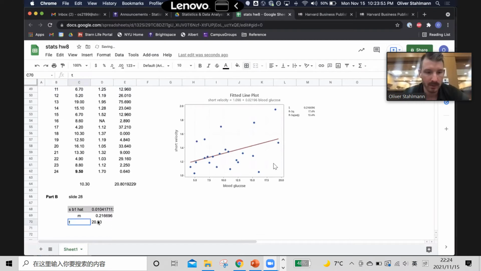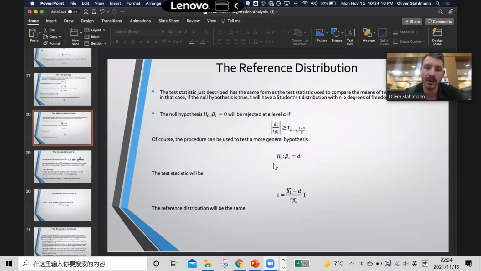Beta 1 hat is your slope, right? Oh, you are doing the standard error of the beta 1 hat. Okay, so you have calculated the denominator. This is the denominator, right? Yeah, SB1 hat, the standard error of the beta 1 hat.